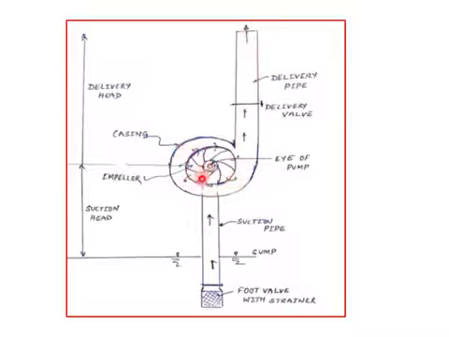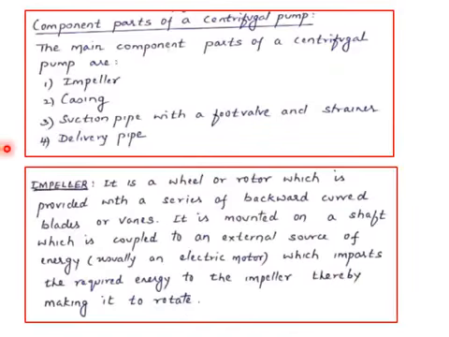So when you make available more and more water at the center of the rotation, then we can ensure that the constant lifting of the water takes place to a higher level. So this is what we were discussing about the component parts of the centrifugal pump.